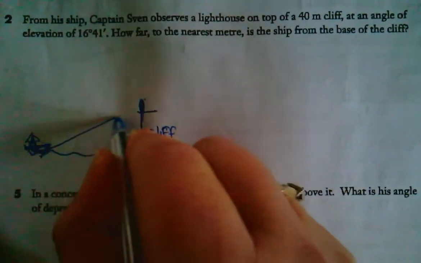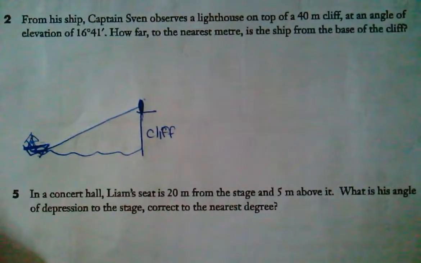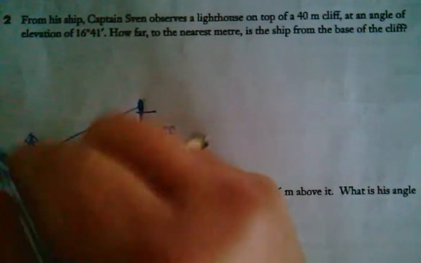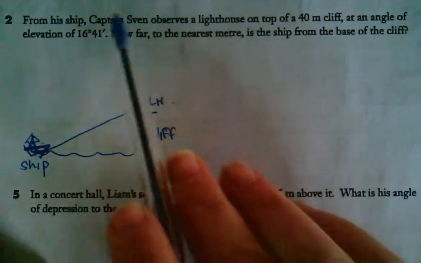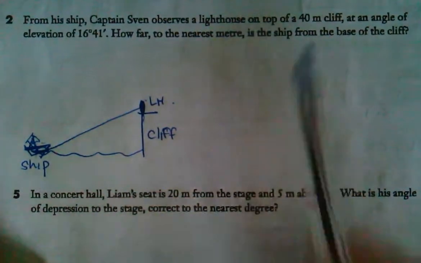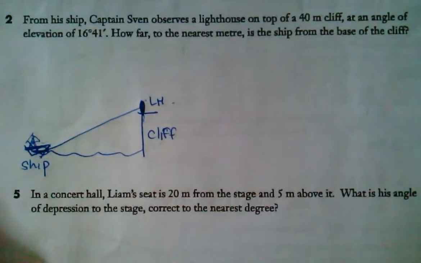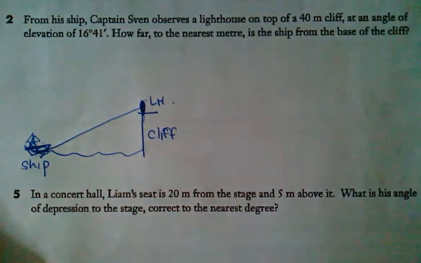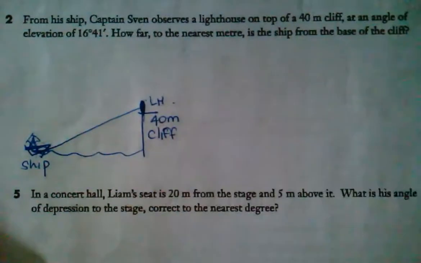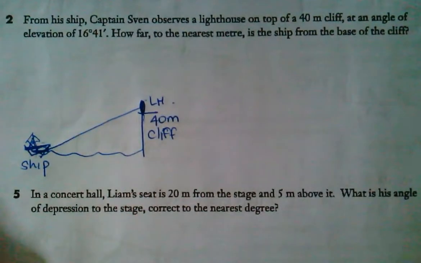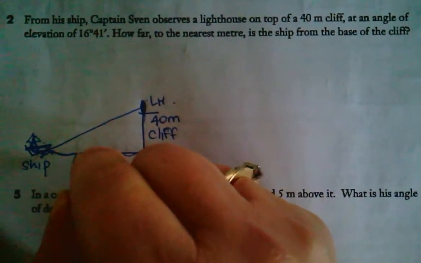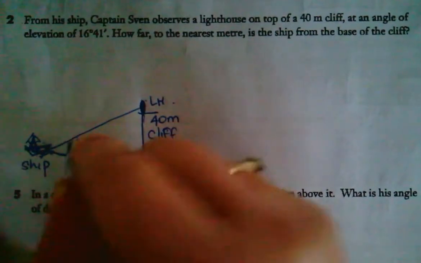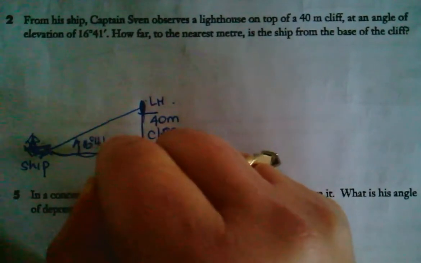Where do I put the 40? The cliff is 40 meters high. The angle of elevation is 16 degrees 41 minutes. So from the horizontal looking up, this angle here is 16 degrees 41 minutes.